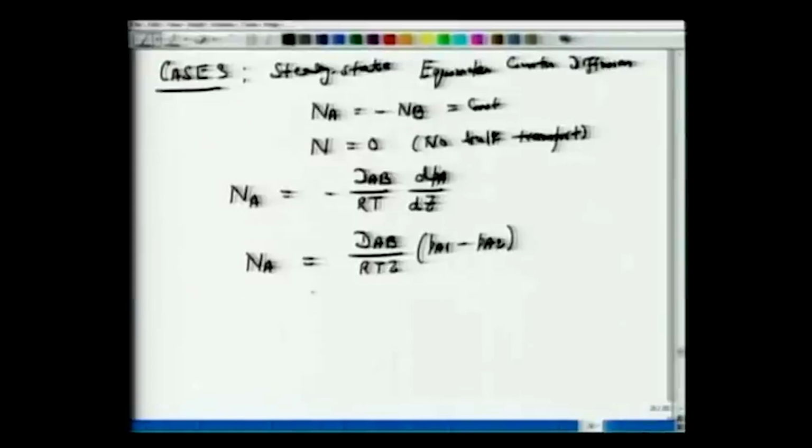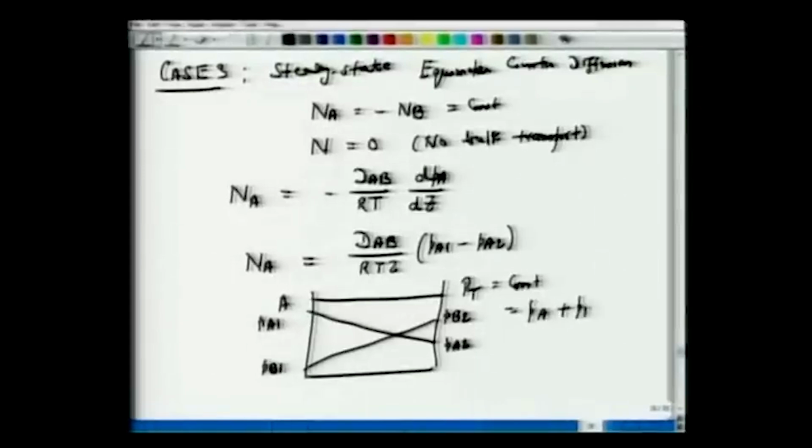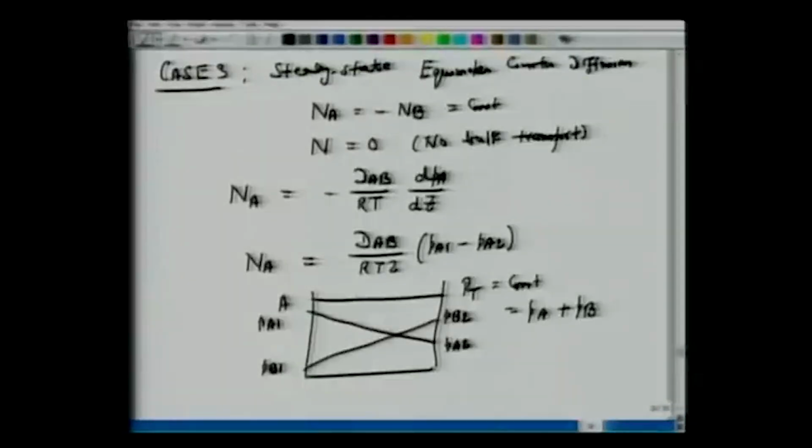So essentially, here we are saying that the total pressure Pt is constant, and there is a gradient of PA from PA1 to PA2, and there is a gradient of B from PB2 to PB1. The total pressure P is the sum of the two partial pressures PA and PB.